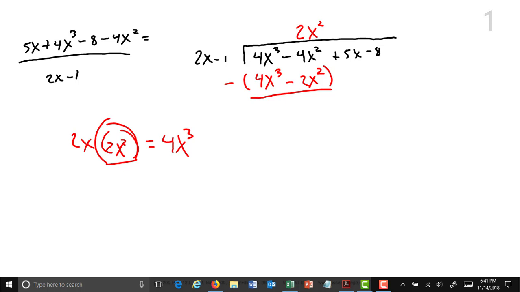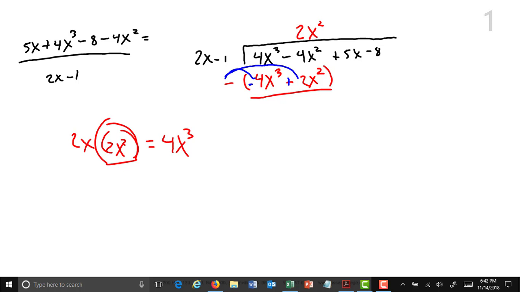That negative sign is going to have to distribute. The end result is that the signs are going to change: this is going to be minus 4x cubed, and this is going to be plus 2x squared. I'm distributing a negative 1 into there.